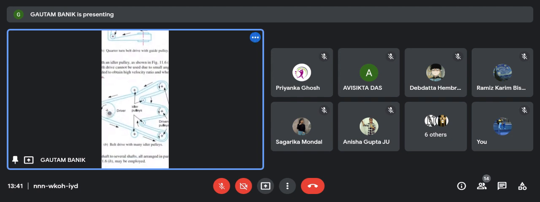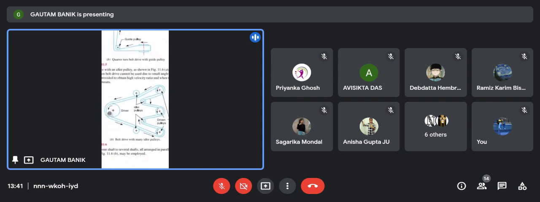Another belt drive is shown here with several guide pulleys. Guide pulleys are there in machines such as the offset printing machine.